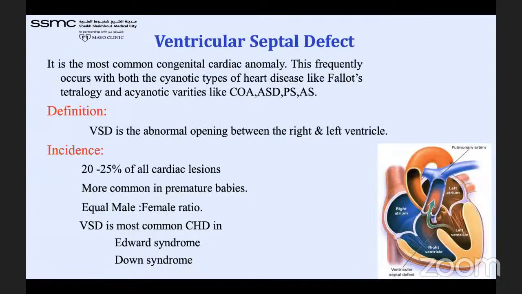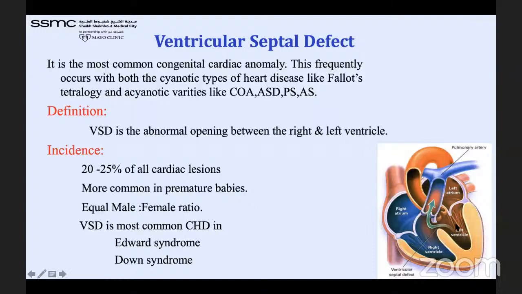The other one, which is the most common acyanotic congenital heart disease, is the ventricular septal defect. This frequently occurs with the cyanotic types, coarctation, ASD, Fallot's, and pulmonary stenosis can happen.